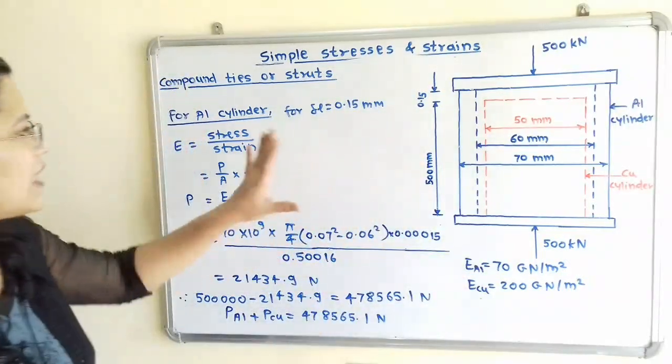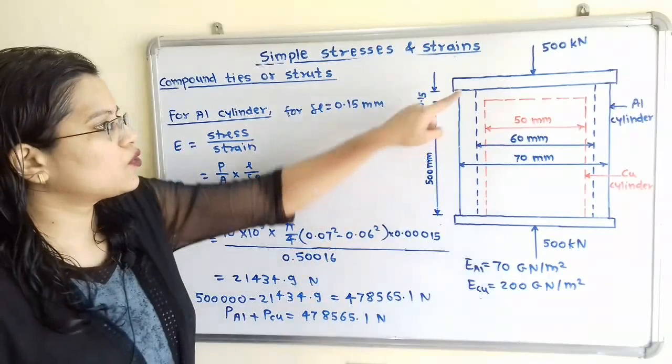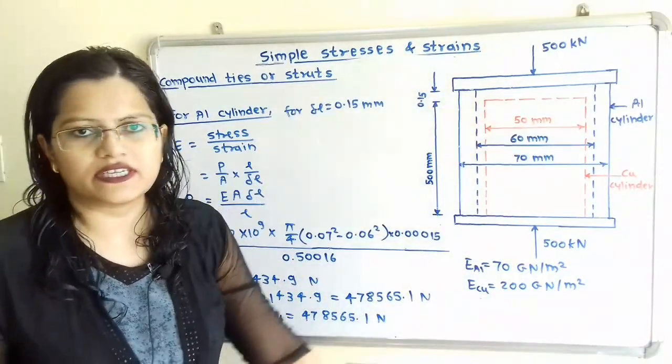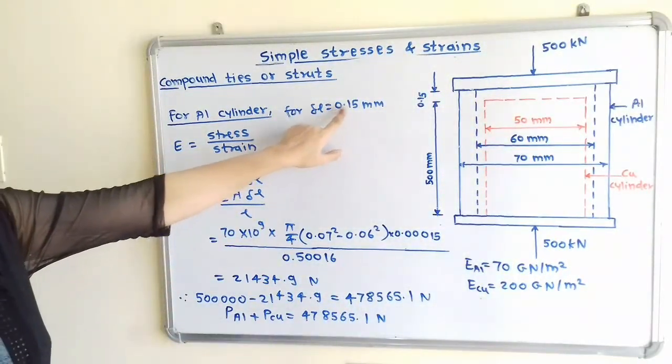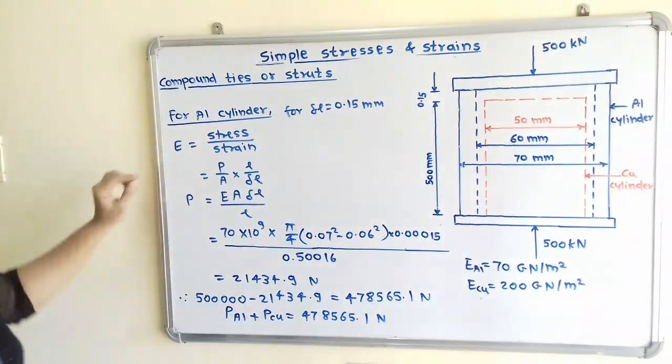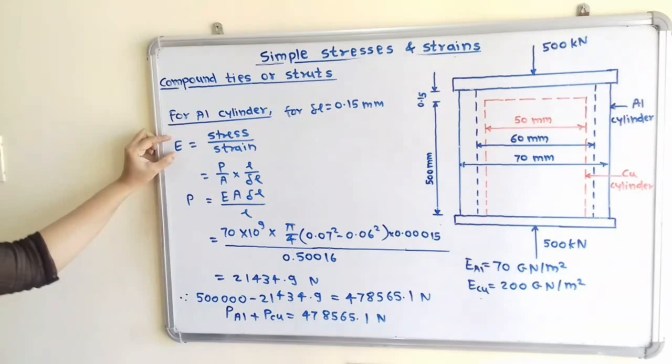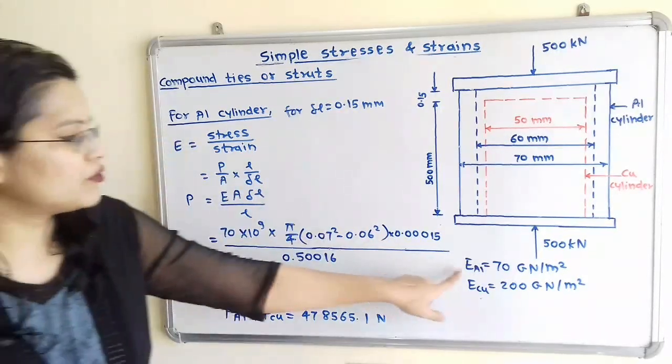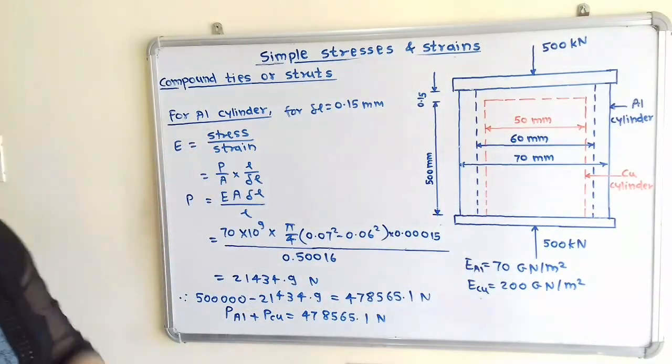So we will first calculate the load required to compress the aluminum cylinder for delta L equal to 0.15 mm. With reference to this diagram, Young's modulus E is equal to stress by strain.